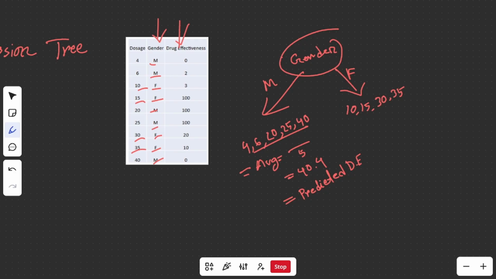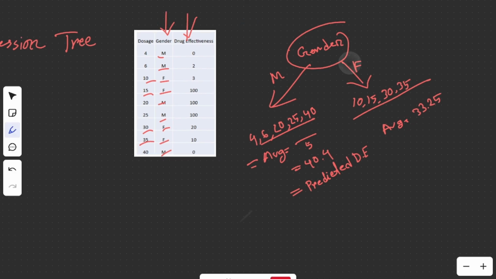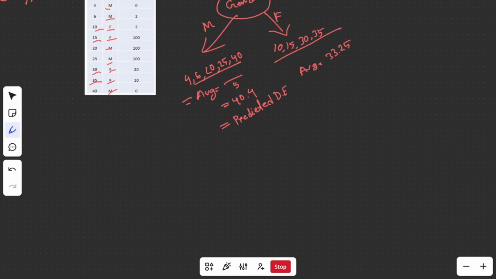Now here the average will be 33.25. Okay, now we have to count SSR for gender.